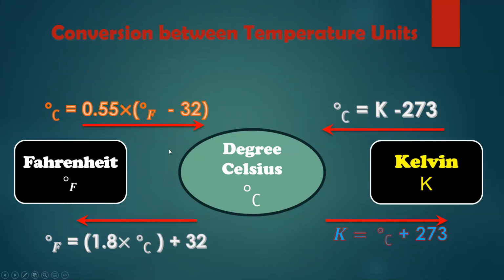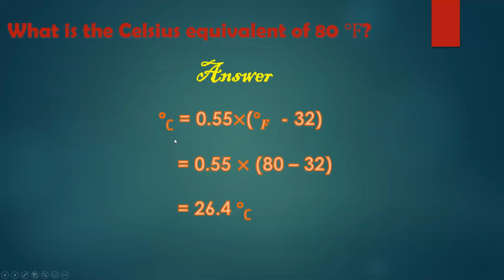Second question. What is the Celsius equivalent of 80 degrees Fahrenheit? You are given the Fahrenheit degrees and you're asked to get the equivalent Celsius. If we go back to the formula sheet, here is the Fahrenheit and you're asked to get the Celsius, so I'm going to use this equation. The degree Celsius is 0.55 times open bracket the given Fahrenheit minus 32.